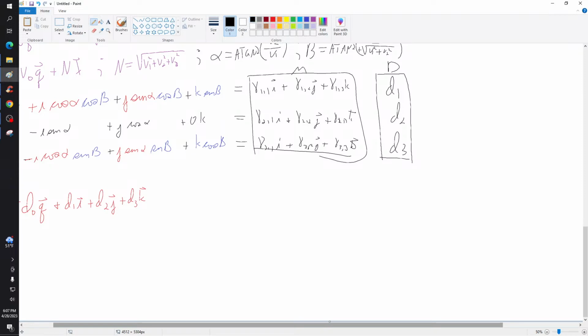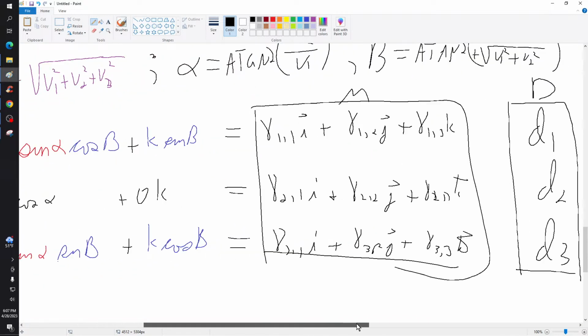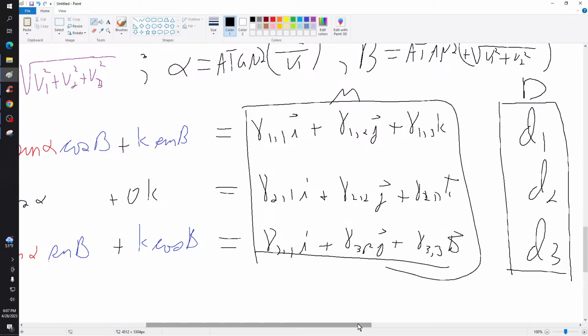I need new letters, so we'll call these Y1, Y2, Y3.